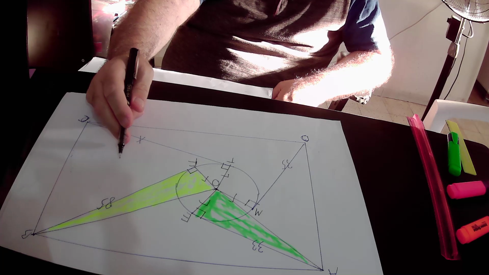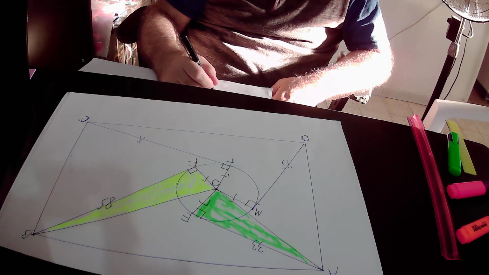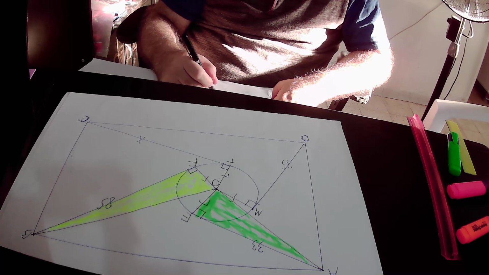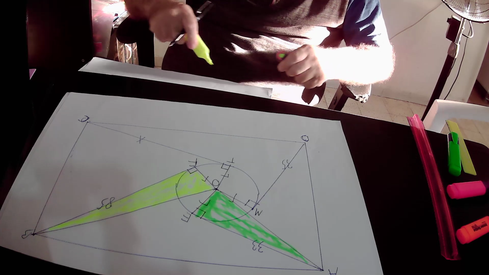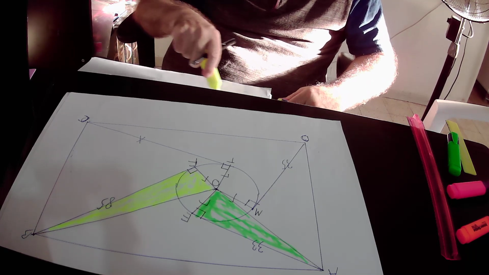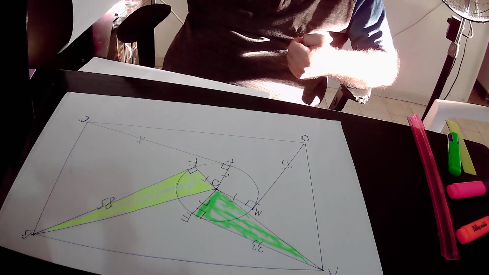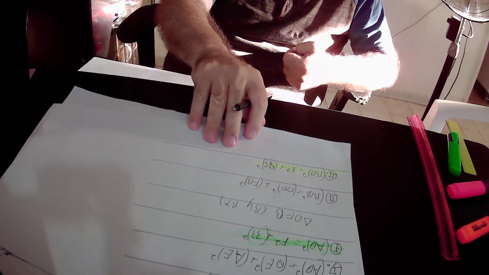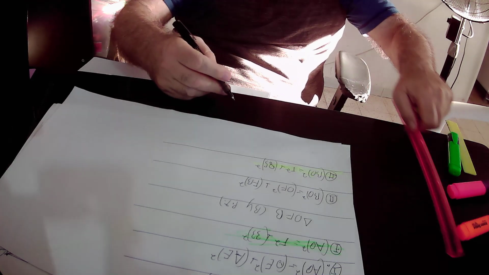FB equals 85 units according to what is given in the question, therefore FB square is 85 square. In conclusion, we found out that according to equation number 2, BO square equals R square plus 85 square.